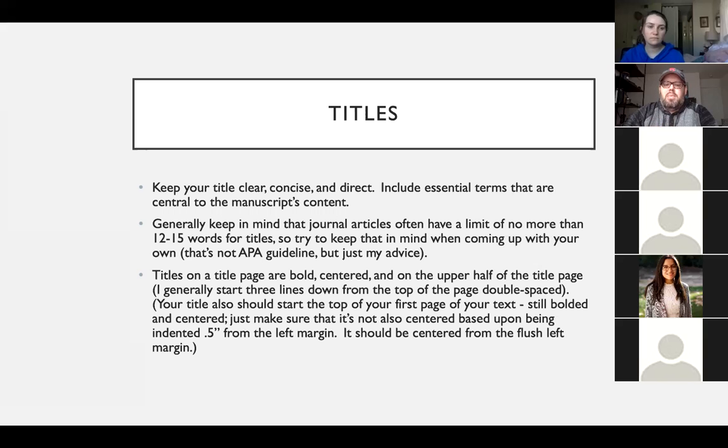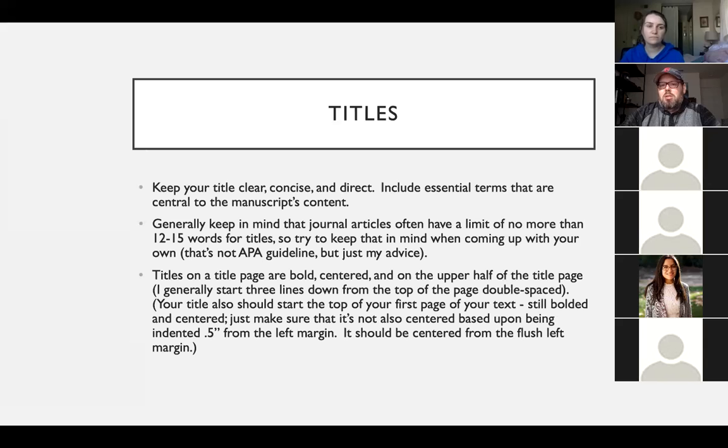So you also want to keep in mind, again, for some of you, you may never submit to an academic journal, but we want to keep in mind that APA rules are also about scholarship, right? And so typically journal articles have a rule that you cannot have a title that's more than 12 to 15 words total.